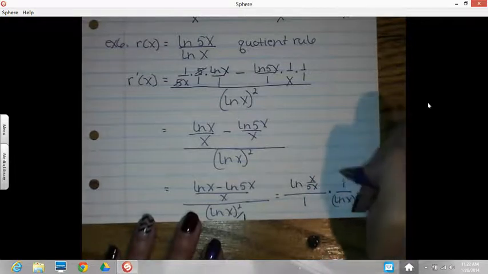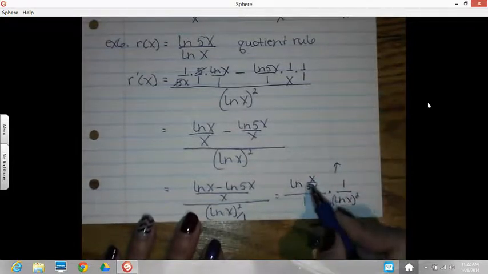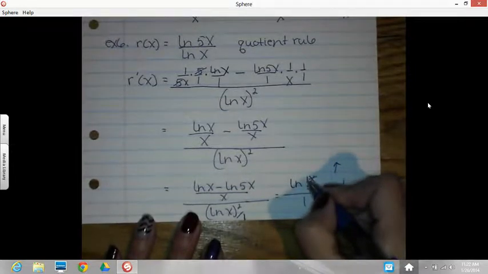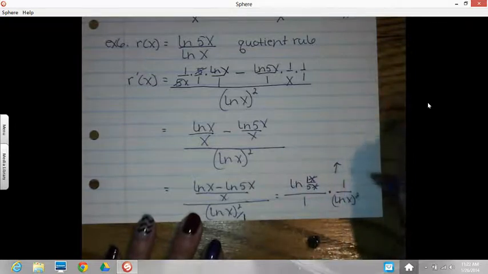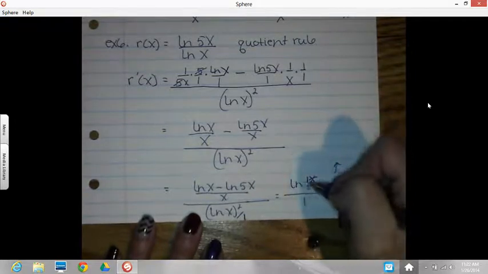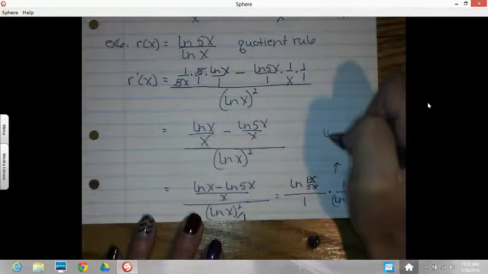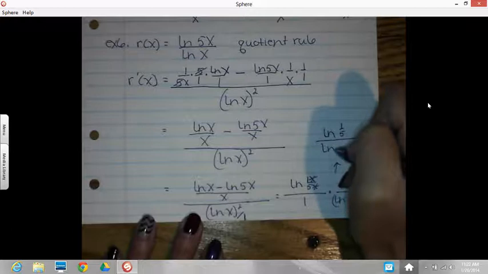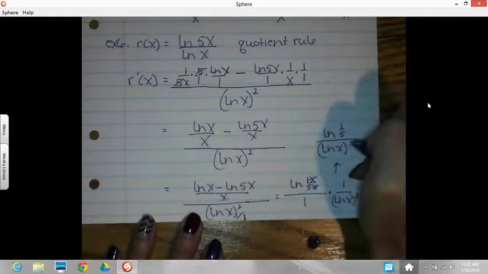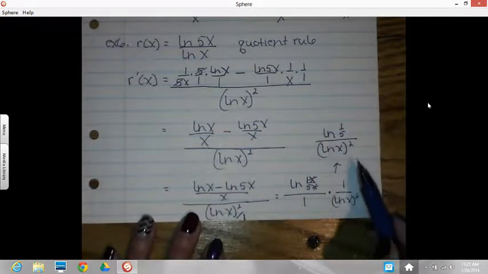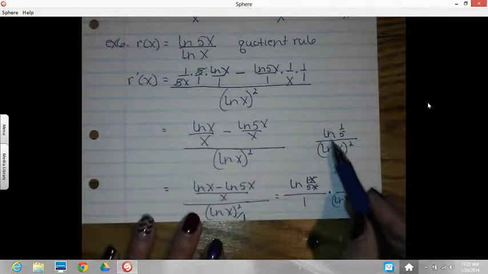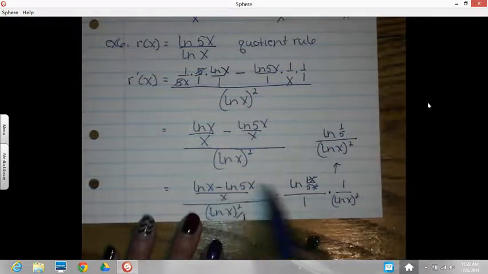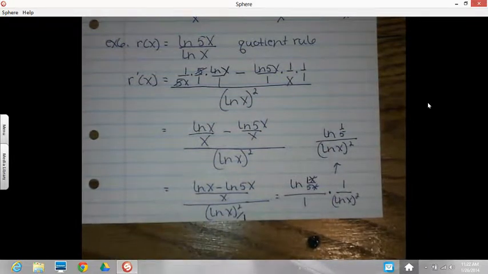I'm going to move vertically now. Simplifying here, the x's will cancel. That leaves a 1 in its place. So I've got the natural log of 1/5 divided by the natural log of x, that thing squared. And I have no property that lets me simplify a log divided by a log. Only a log minus a log and a log plus a log simplify.